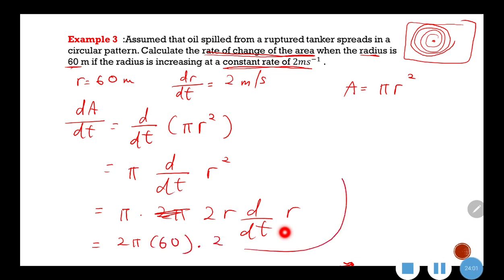So the answer is 240 pi meters squared per second.